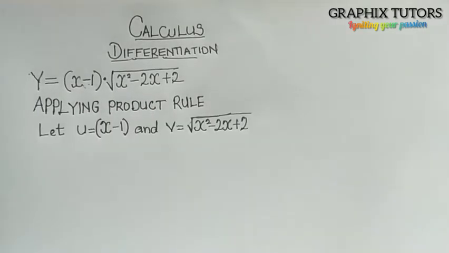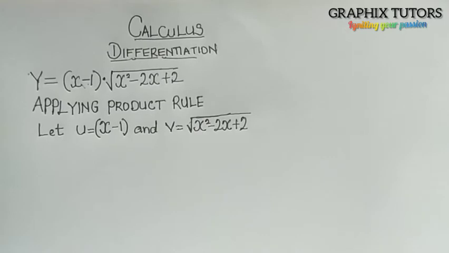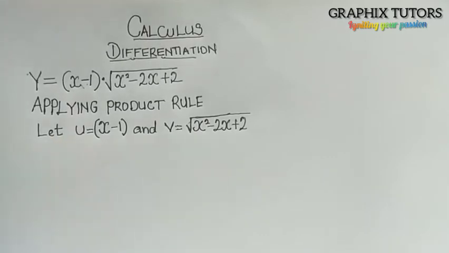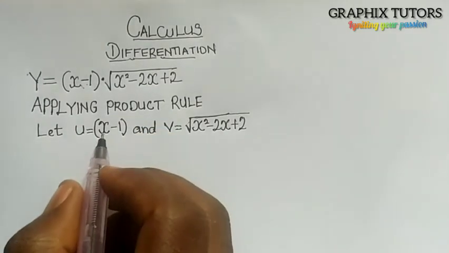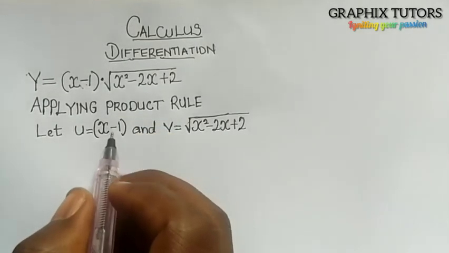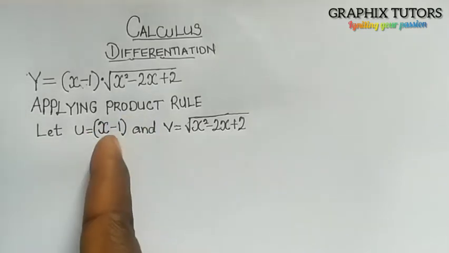Now, after you've done that, you've represented the function with two different variables, in terms of u and v. If you watch my video on differentiation, you get to understand this.